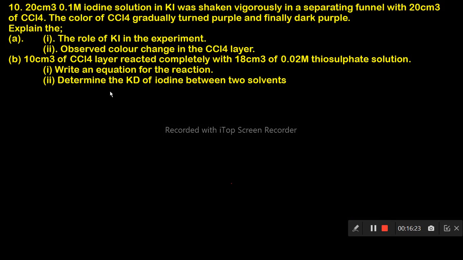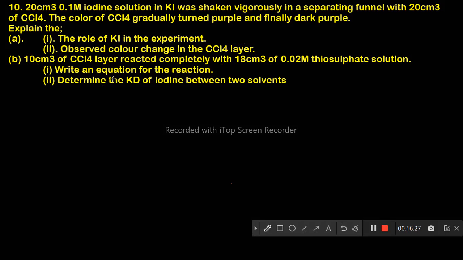So here, from that simple breakdown of the question, we want the role of potassium iodide in the experiment. It is simple. The potassium iodide has both iodine and the aqueous solution, so it is to provide the iodine which is going to distribute itself throughout.